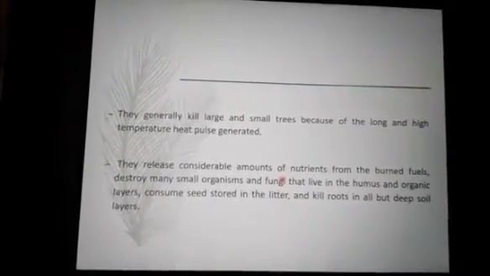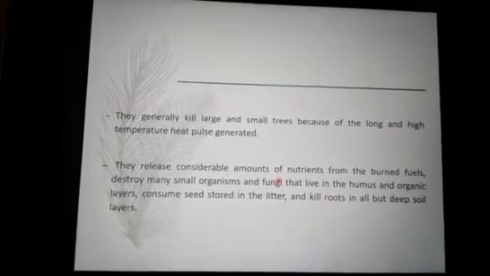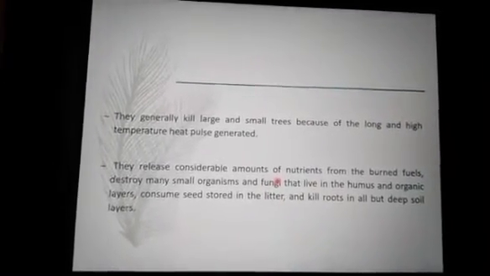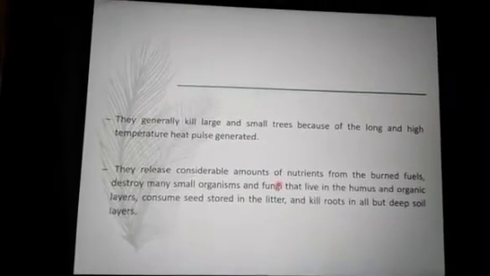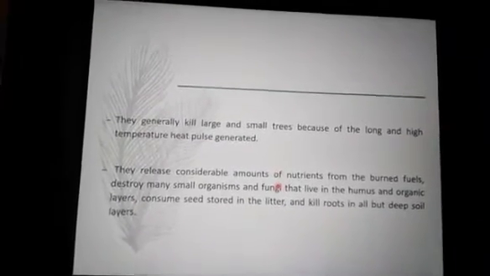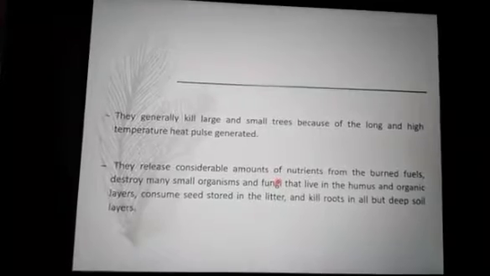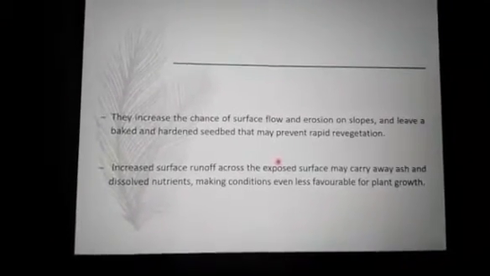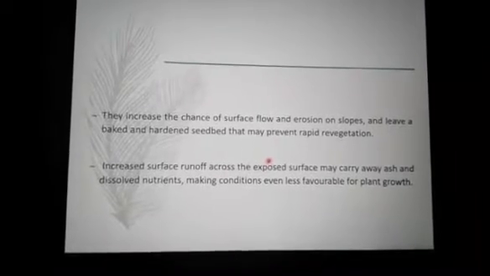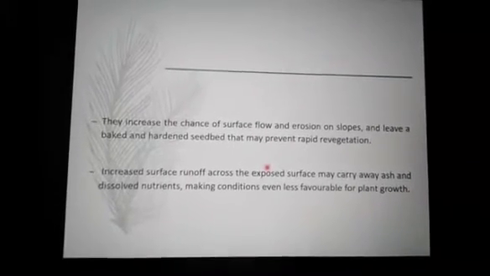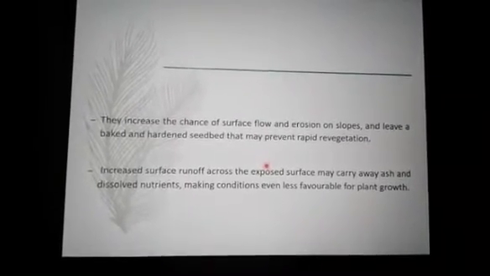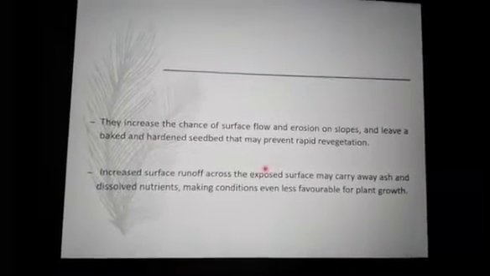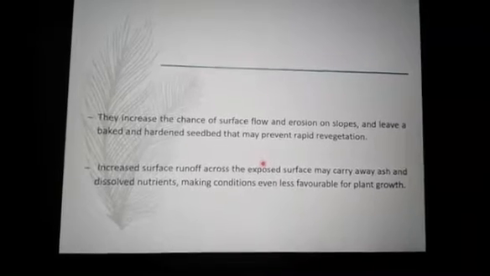So the crown fire and the ground fire are not recommended for managing the ecosystem because of their devastating impacts on ecosystems. So they tend to increase the chance of surface flow, the erosion on slope, and leave a baked and hardened seed bed that may prevent rapid vegetation.